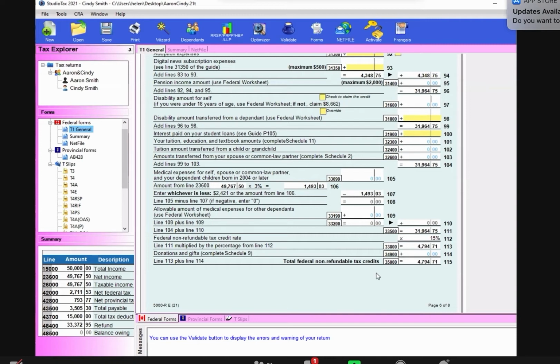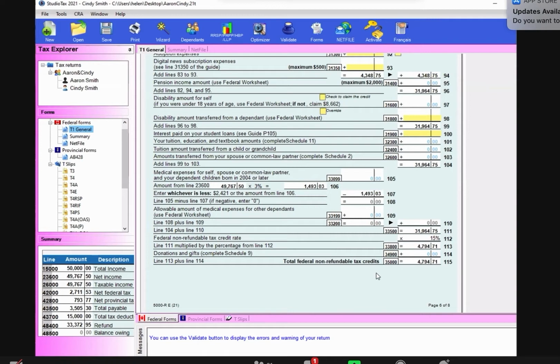The credit is calculated as your expenses minus 3% of the dependent's net income. So the 109 credit you put on Cindy is this amount, put on Aaron is this amount. Will it be a different amount?